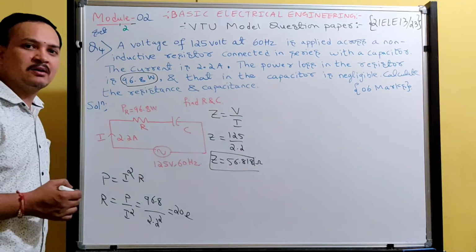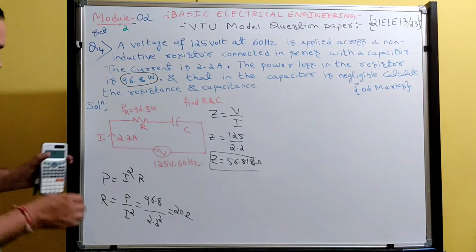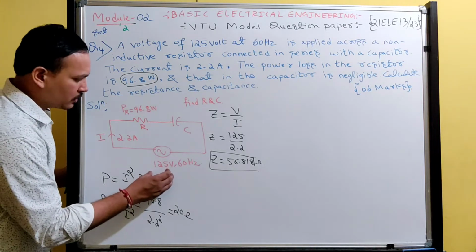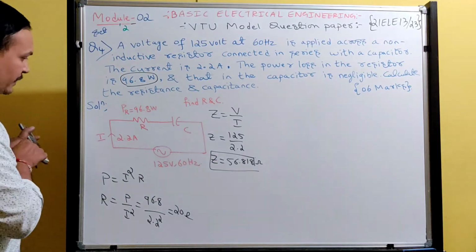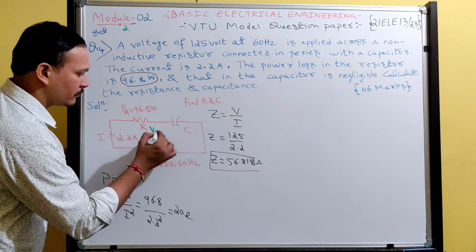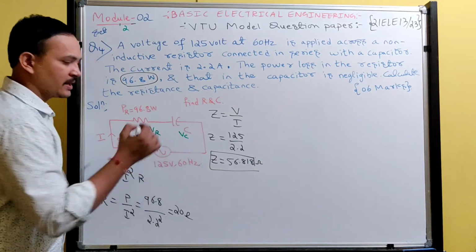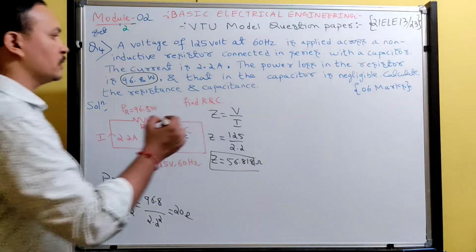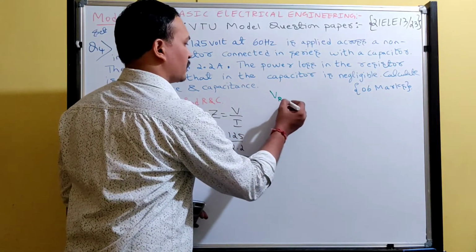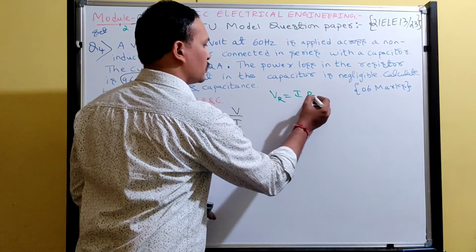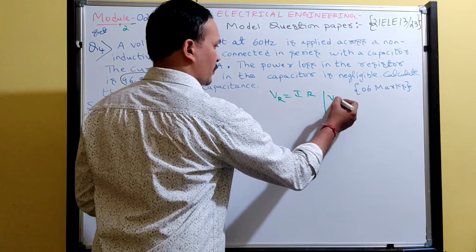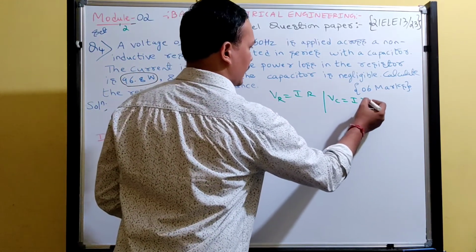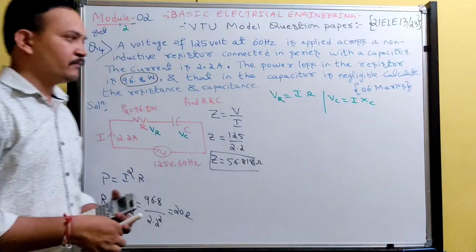Next, very important, the capacitor. How do we find the value of capacitance? Out of 125 volts, there will be a drop in the resistor, V_R, and a drop in the capacitor, V_C. The voltage drop across the resistor is I times R, and across the capacitor is I times X_C.